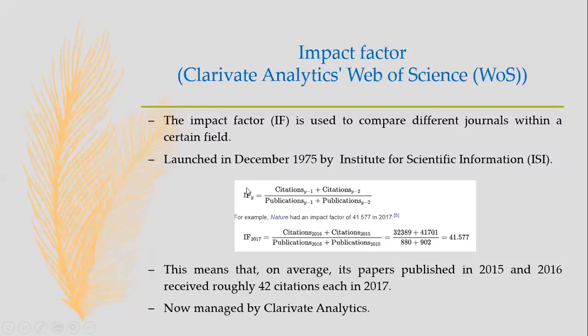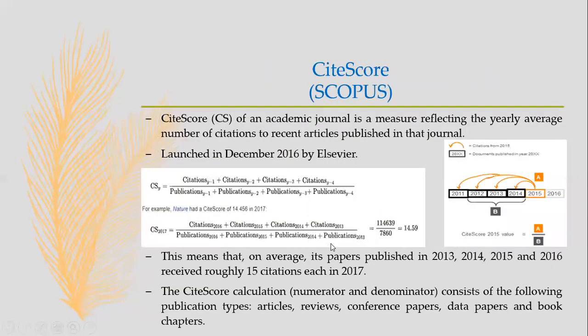Okay, and in this way I will find out the impact factor. So you can see the formula here. Here we have shown the formula for the impact factor of 2017. So we take the citations of 2017 and divide it by the number of publications in 2015 and 2016, and so on. We have the impact factor. Okay, and again this impact factor is managed by Clarivate Analytics.